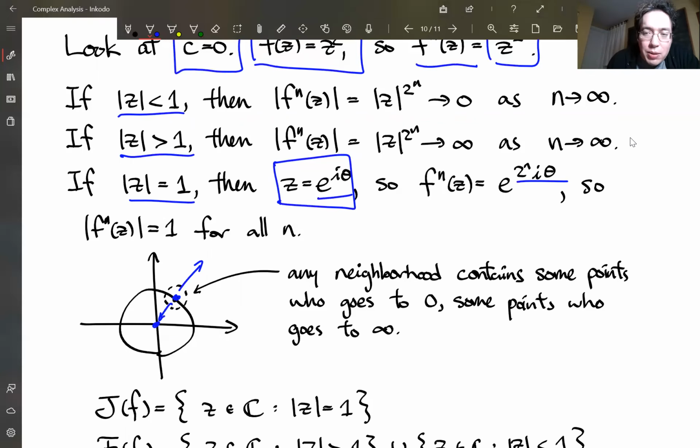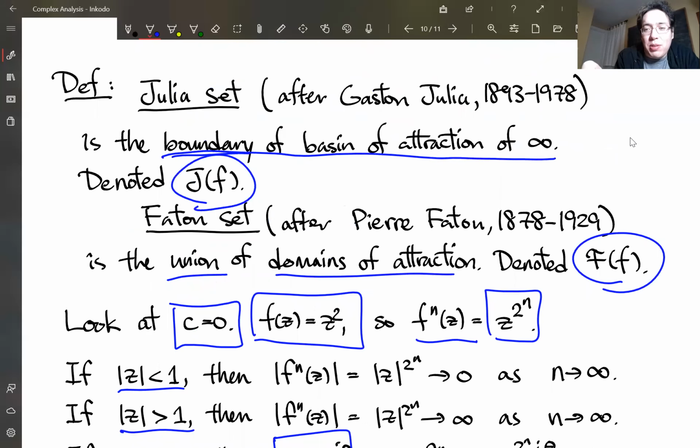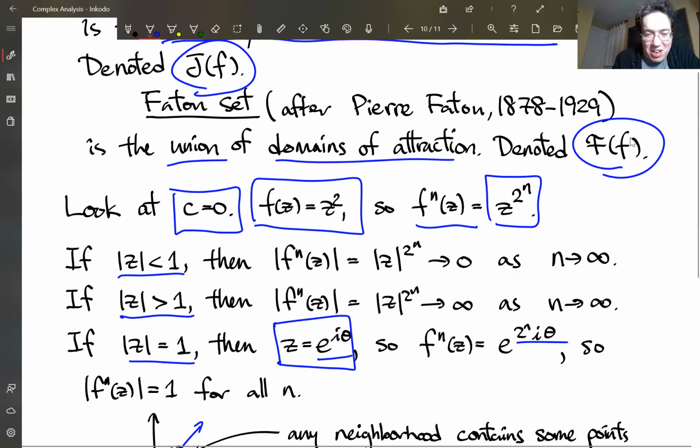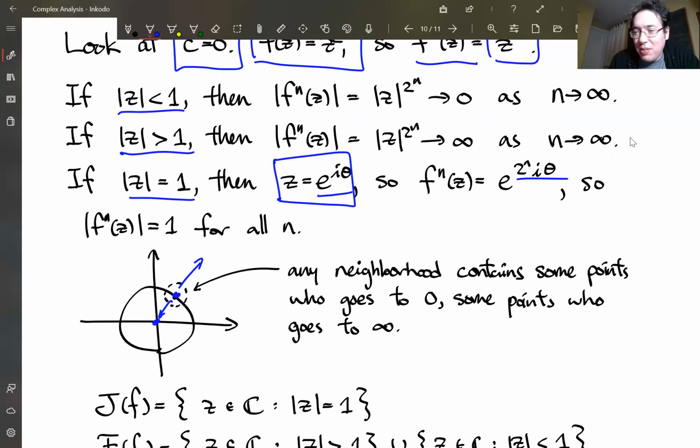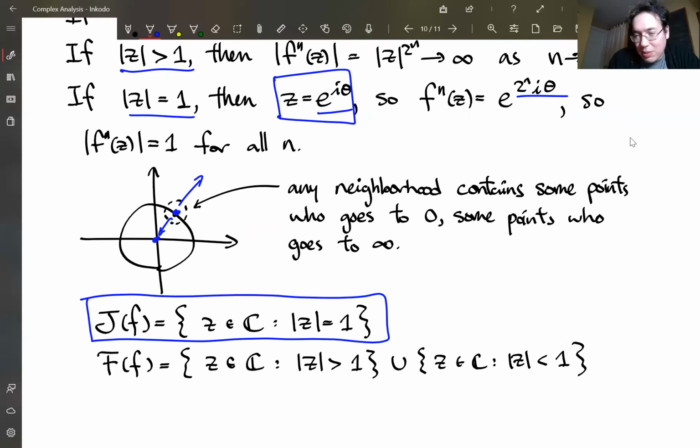So if you're on the unit circle, you are on the boundary of the basin of attraction to infinity, right? Because some nearby points go off to infinity and some close by do not go to infinity. So that means that it's in the Julia set. So the Julia set is the unit circle. That's the Julia set. It's on the boundary because everything outside of the unit circle blows up to infinity.